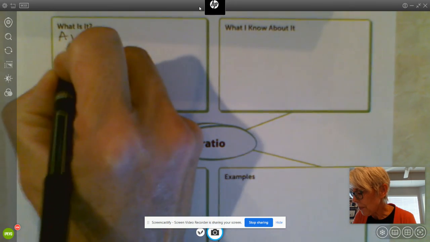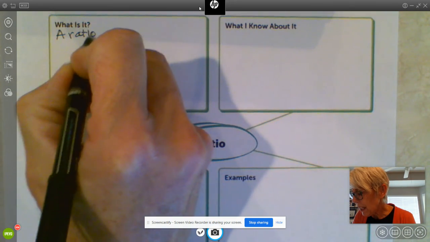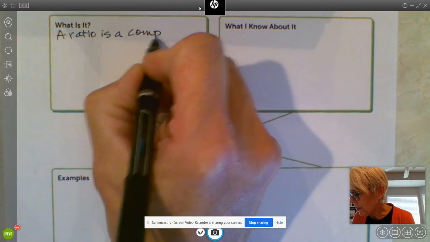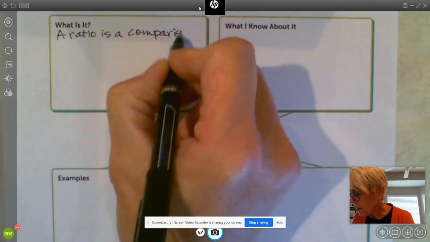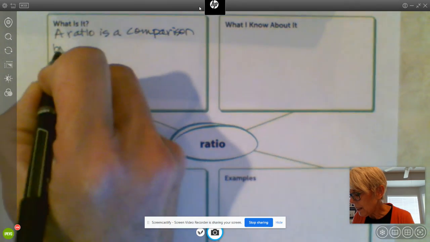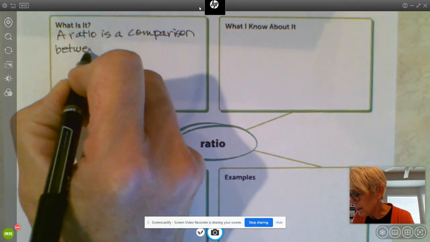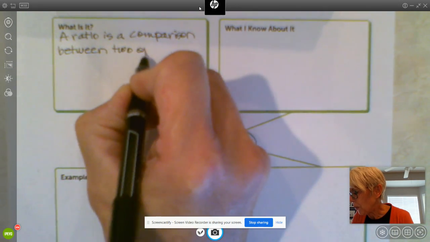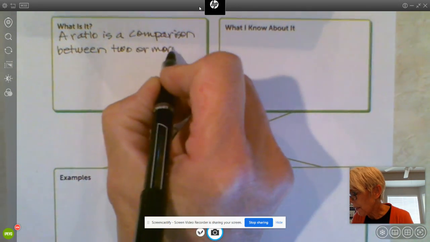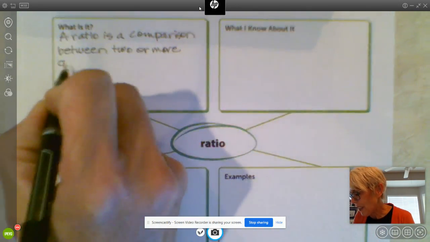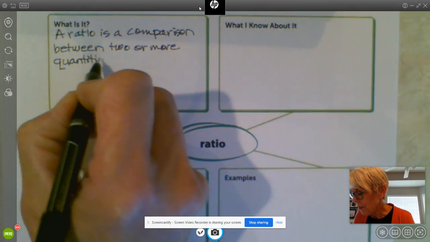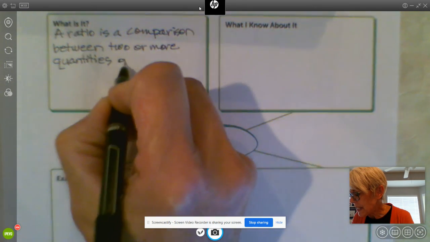A ratio is a comparison between two, and I should probably put or more, quantities, fancy word for number, quantities or units.